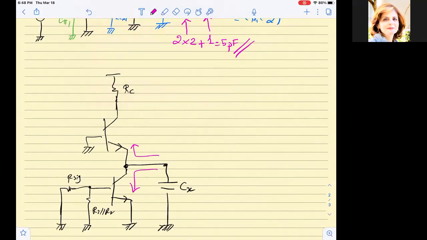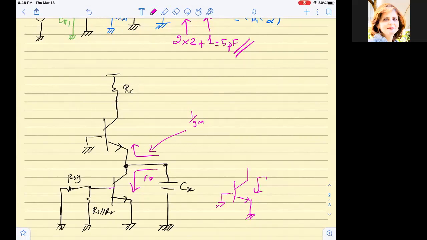Looking up, we already found before. We said we're looking up through this with the Gm. RO is infinite, and beta is infinite, so we get 1 over Gm, if I recall properly. And here, since the base current is also infinite, it's a basic BJT which is grounded, looking down. So this will be almost like this, looking down. So I will see little RO.